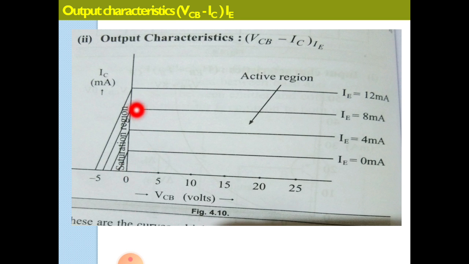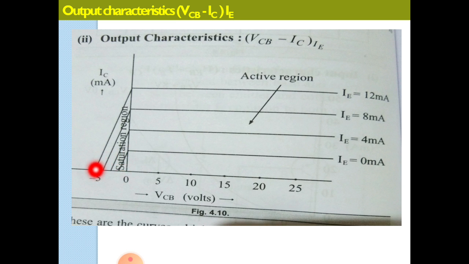This is a very small region. We cannot see it in this diagram, but the definition of the cutoff region is the region in which, for a certain value of output voltage, the output current becomes 0.